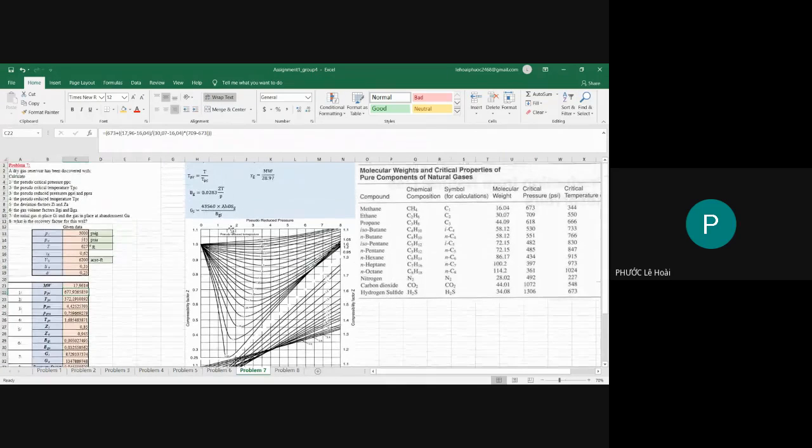For the PPC, you can calculate by using the table over here.